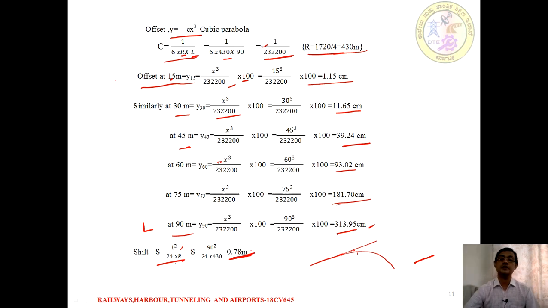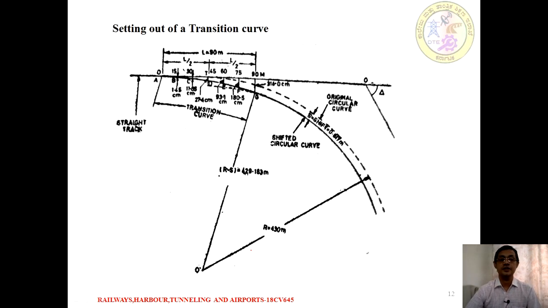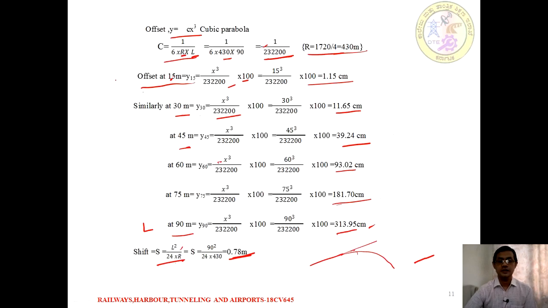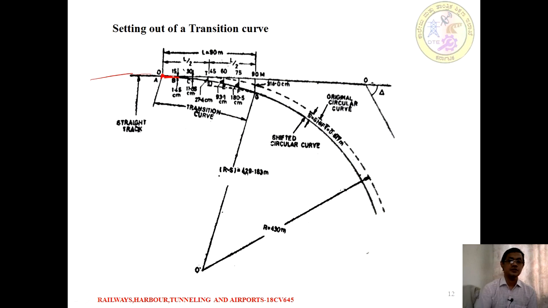For better understanding, go for this sketch and we will know what we have calculated. As I explained, this is the straight line or straight track coming over here. At this zero chainage our curve is going to start. Based on the offset at 15 meter, it is around 1.15 centimeter here. So that is a 1.15 centimeter gap we are going to provide from this shift at 15 meter.